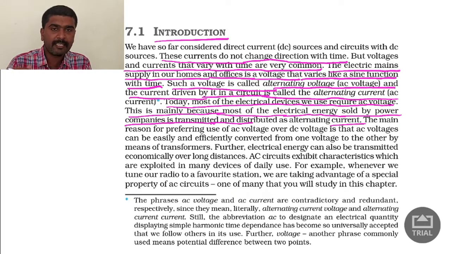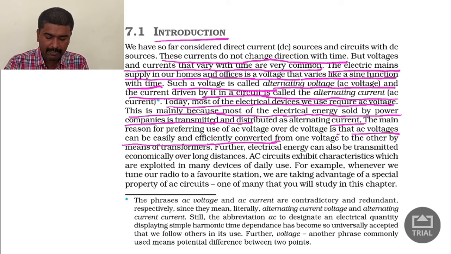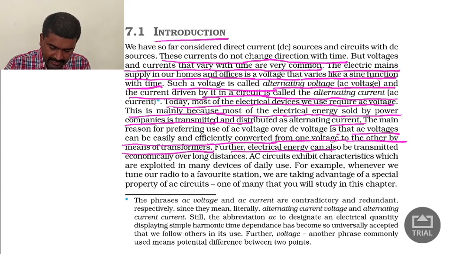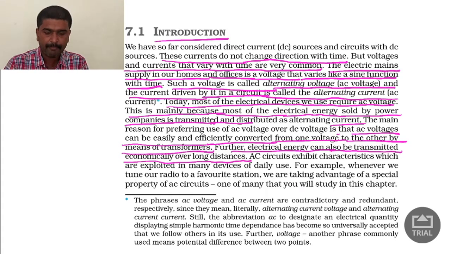The main reason for this is that AC voltages can be easily and efficiently converted from one voltage to another by means of a transformer. Further, the electrical energy can also be transmitted economically over long distances.